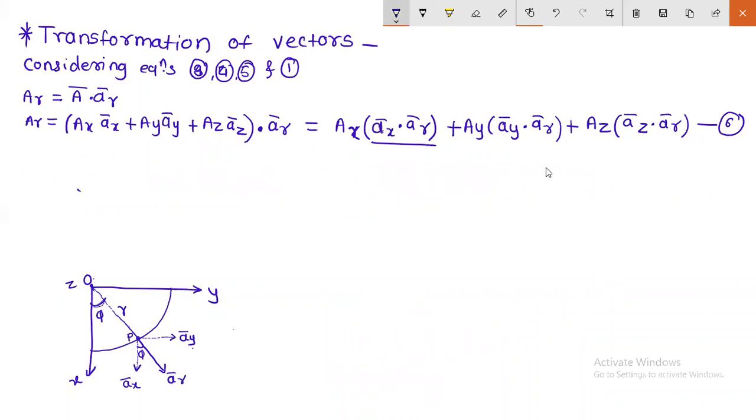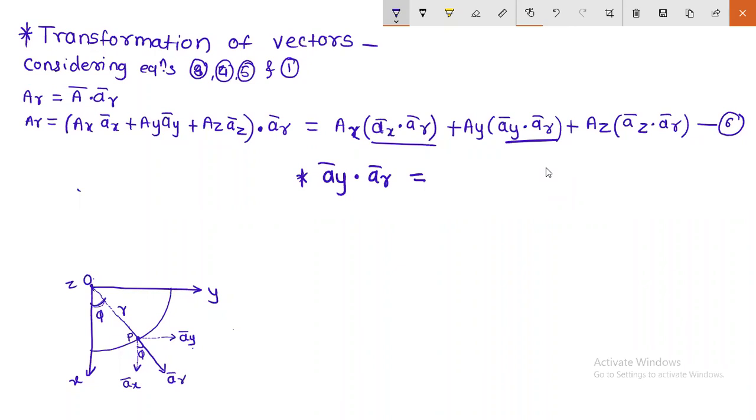Now, the second unit vector. What is the dot product of two unit vectors? We will consider a bar y dot a bar r. The unit vector a bar y is in the y direction, a bar r is in the r direction.